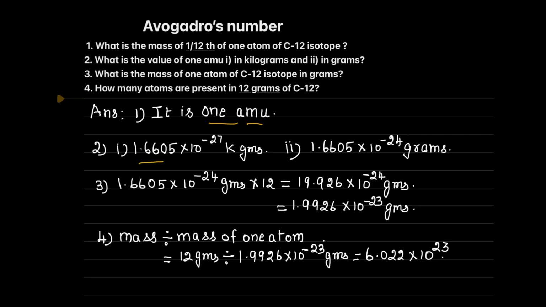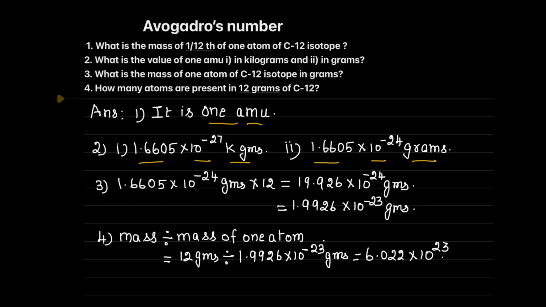Answer: it is 1.6605 into 10 raised to the power of minus 27 kilograms, and to express it in grams we have to multiply it by 1000, that is 1.6605 into 10 raised to the power of minus 27 kilograms into 1000. The answer is 1.6605 into 10 raised to the power of minus 24 grams.